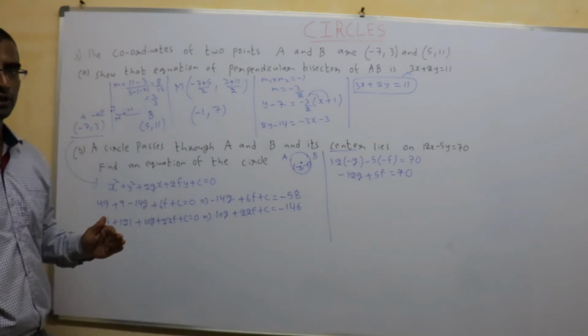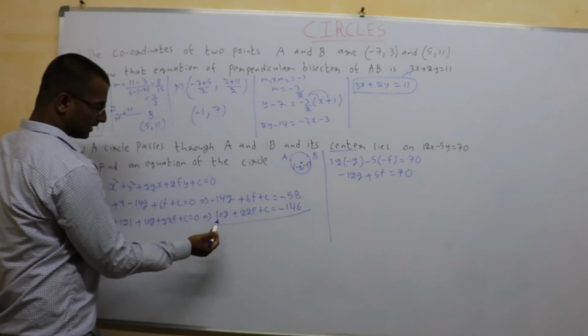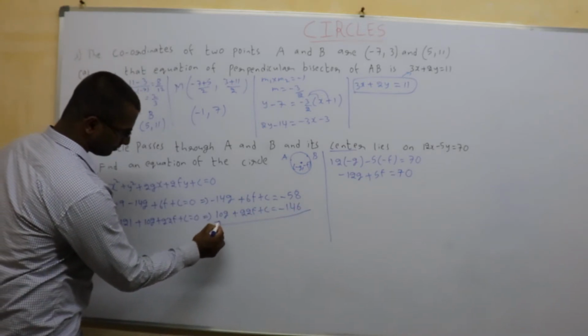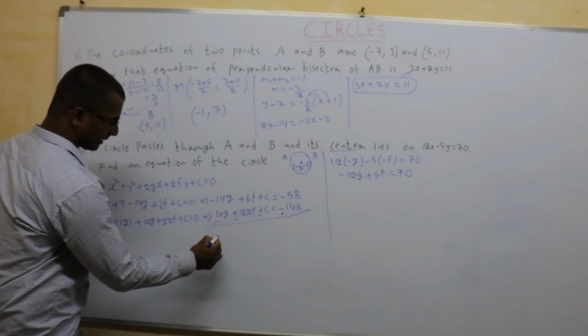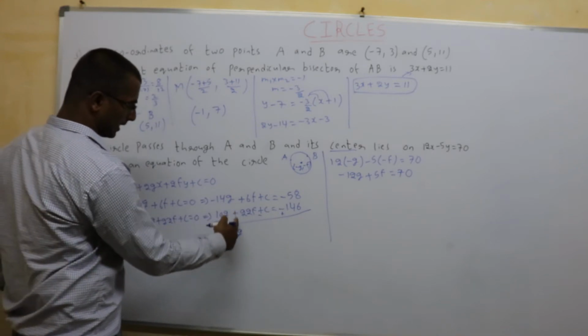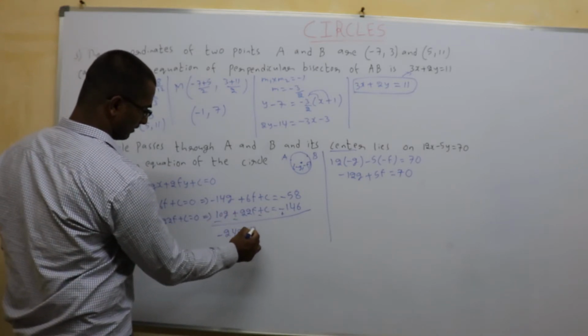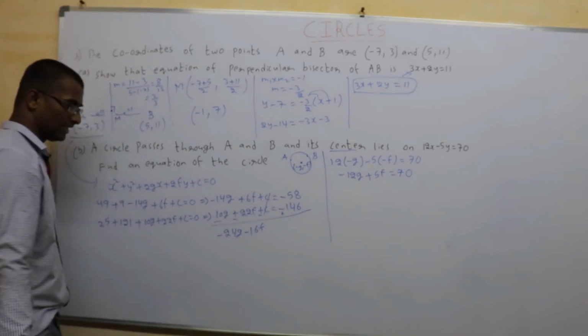For that, how you do it is, both have c. If I subtract, they will be gone. So change the sign here. So minus 14 minus 10g, minus 24g, plus 6 minus 22 will be minus 16f, plus c minus c gone.